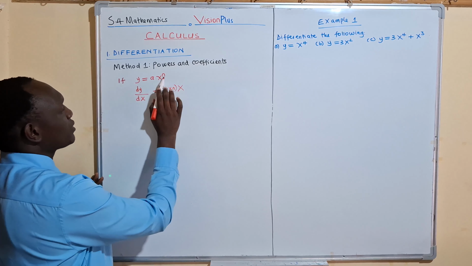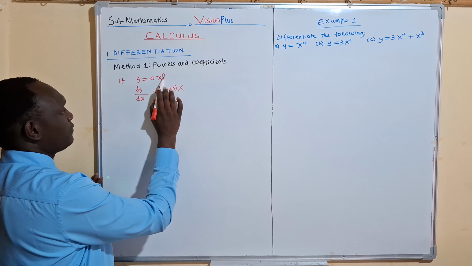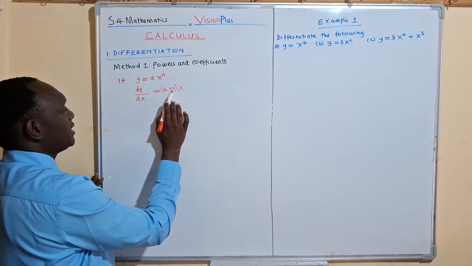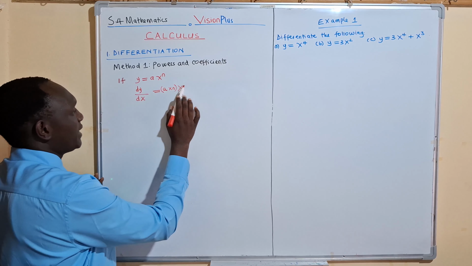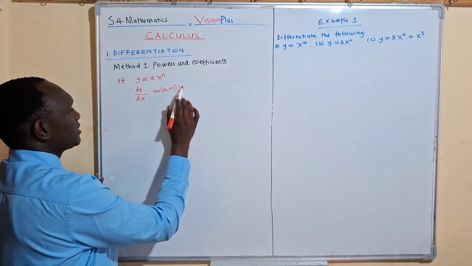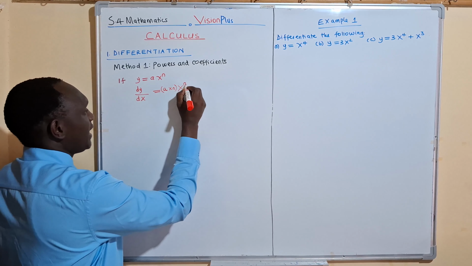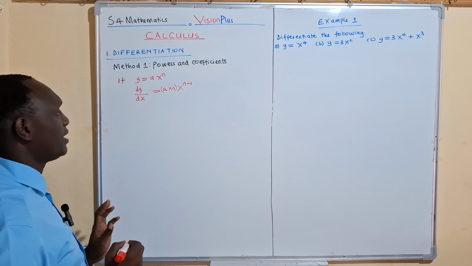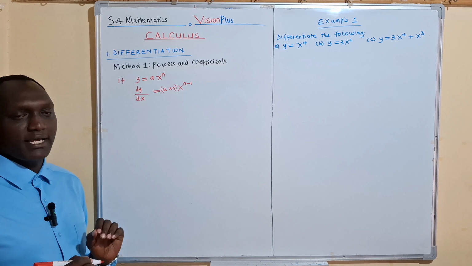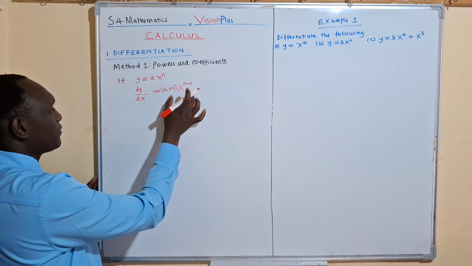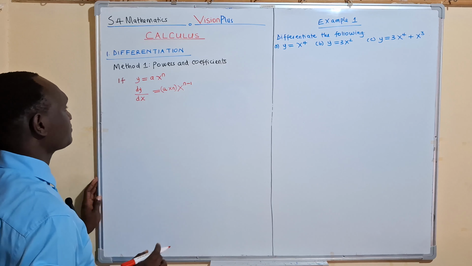Now in differentiation, we need a new power of x. The new power of x becomes the whole power n minus 1, and this is the derivative of this function.